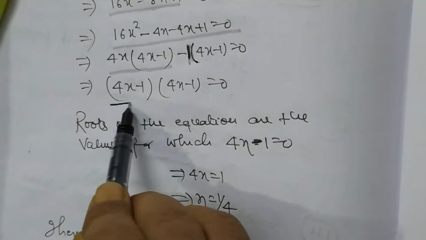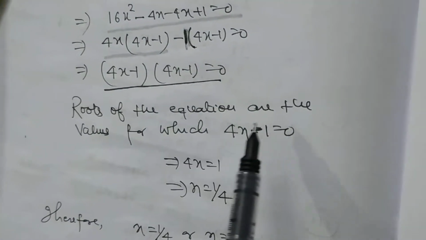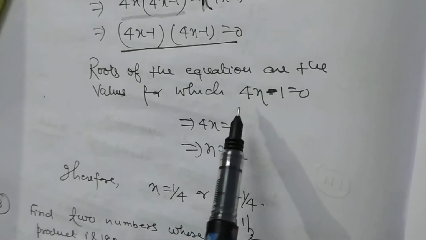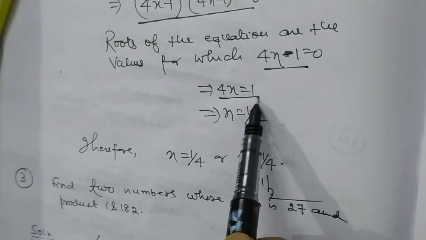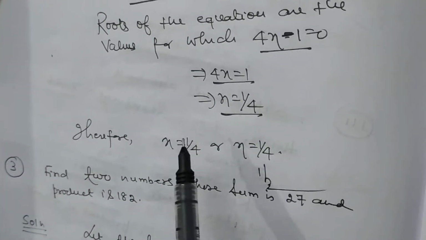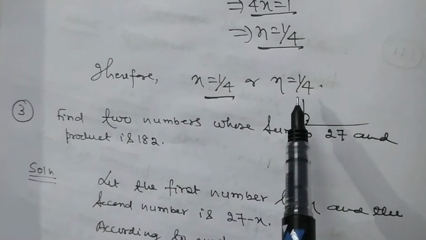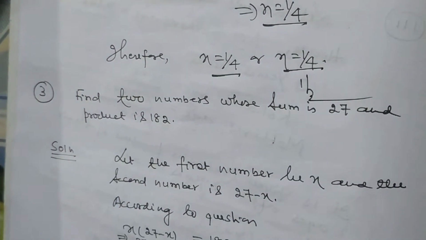So (4x minus 1) into (4x minus 1) is equal to 0. Roots of the equation are the values for which 4x minus 1 is equal to 0. 4x is equal to 1, x is equal to 1 by 4. So therefore x is equal to 1 by 4 or x is equal to 1 by 4 is the value of x.